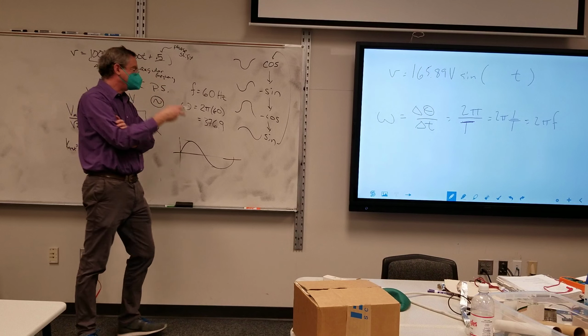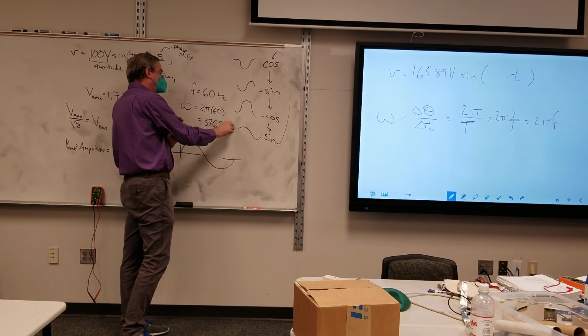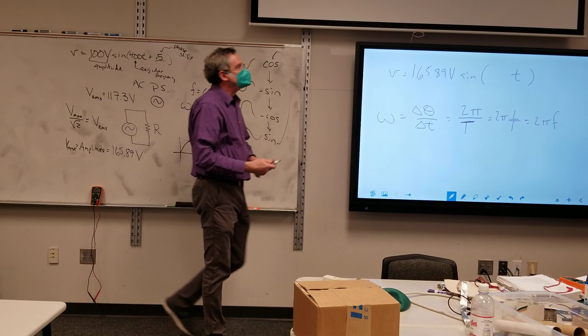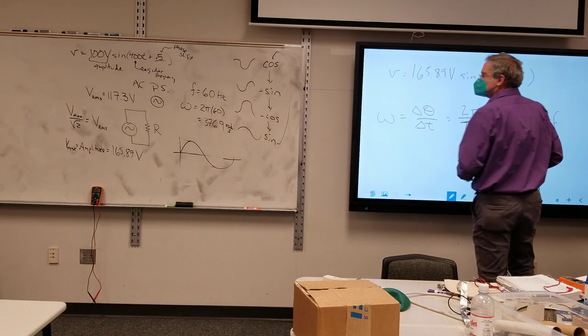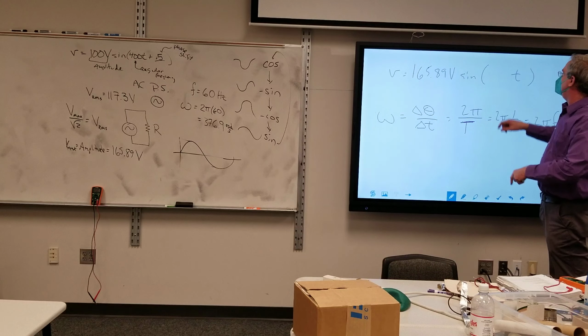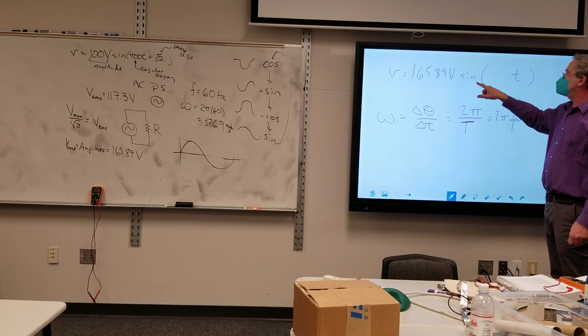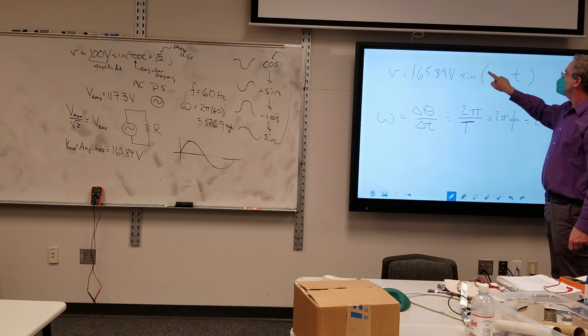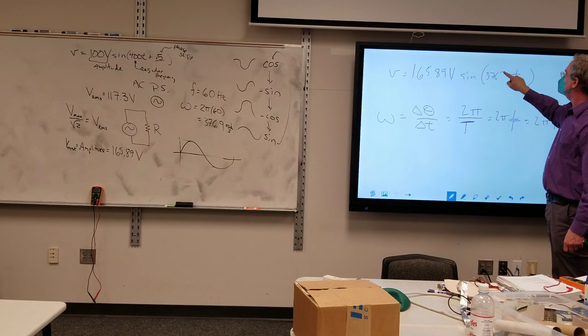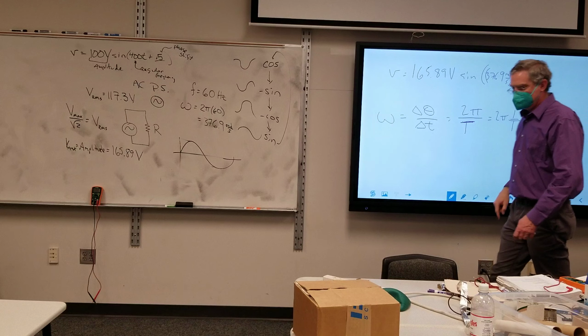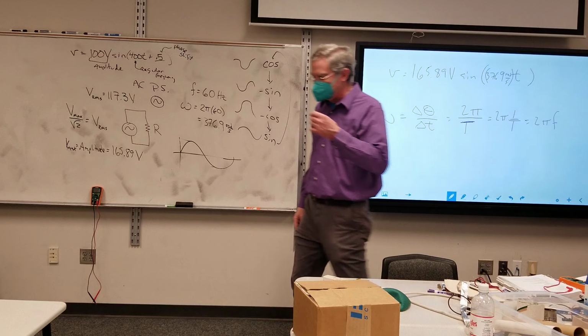Radians per second. Yeah, there we go, radians per second. So what's coming out of our power supply is 165.89 volts, sine of 376.9 radians per second times time, plus whatever phase shift there is.